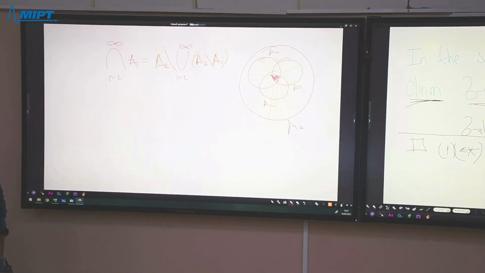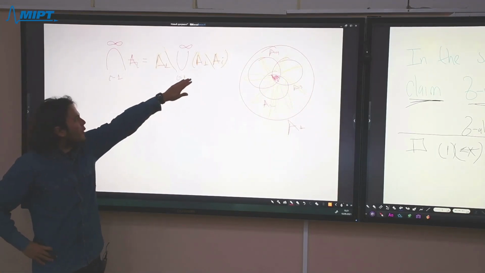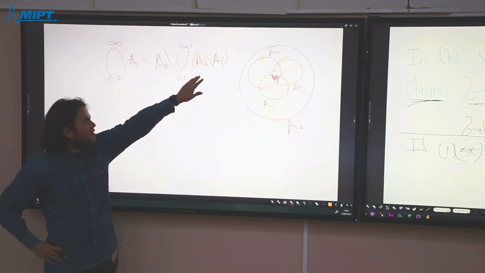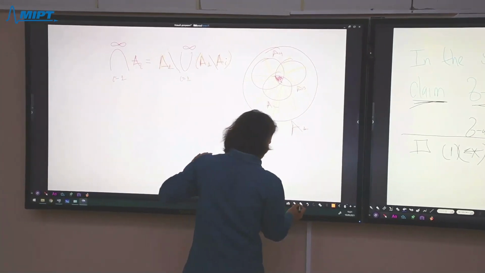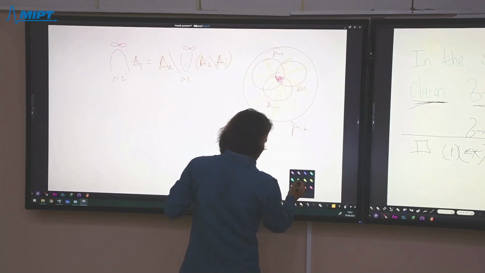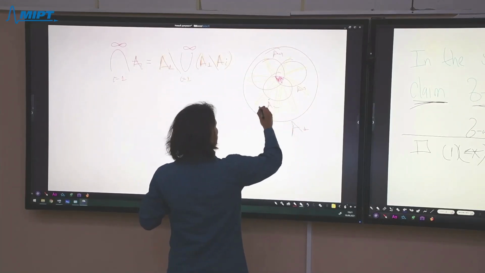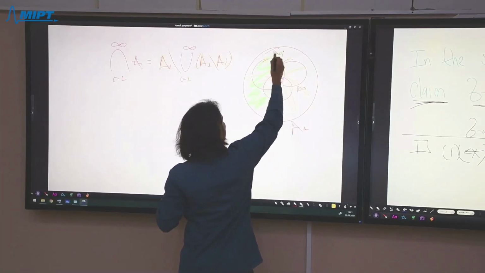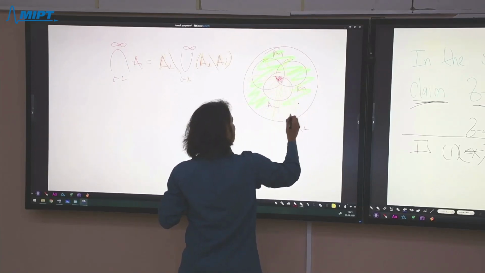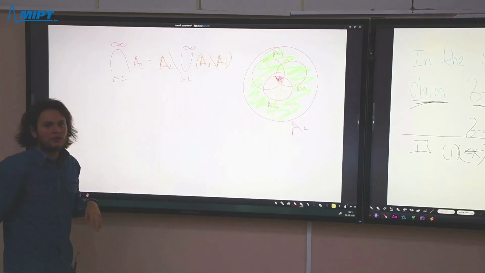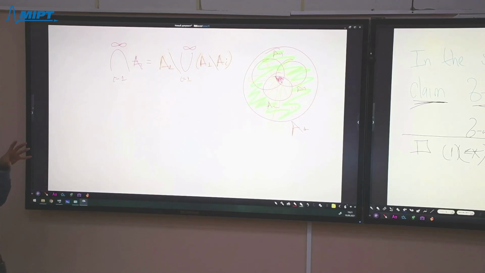So every time, for example, in the first one, from A1, let's take out A sub 2. So we will get this. From A1, we take out A sub 2.